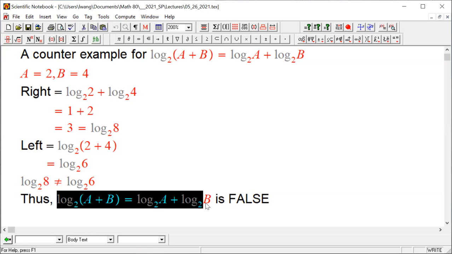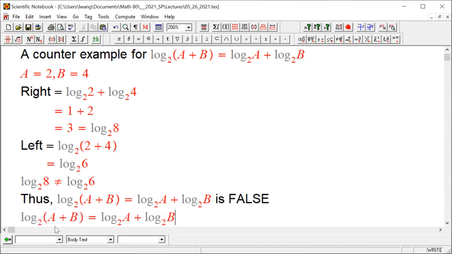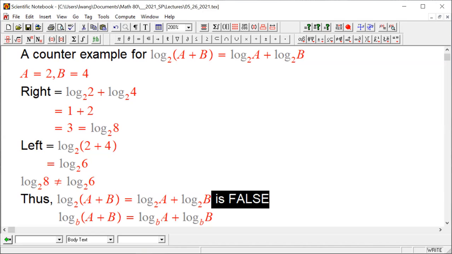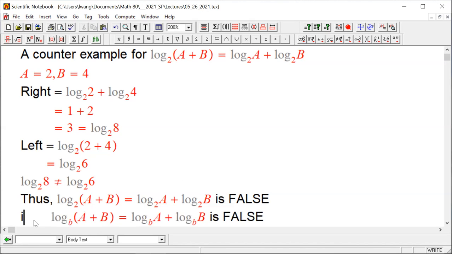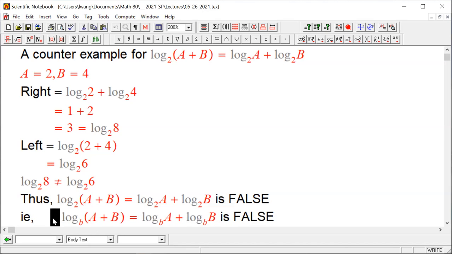And if I change to base B, any base, that is also false, right? Because base 2 is one case of any base. I.e., for any base, that is false.